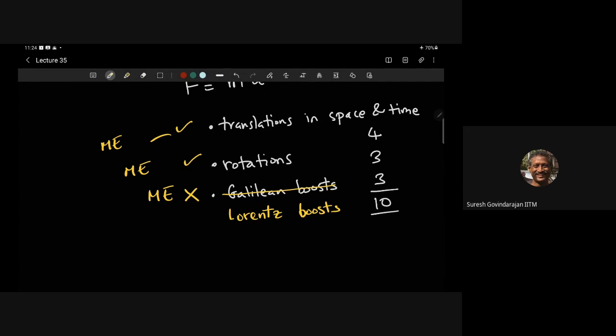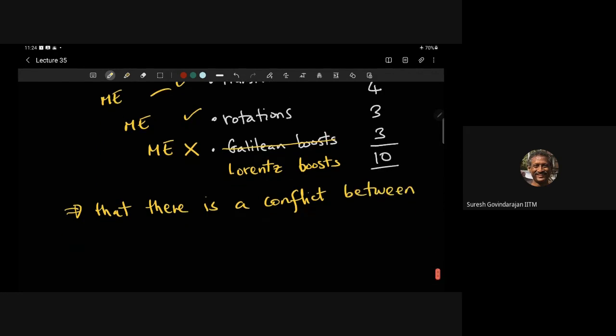So what happens is that there is a conflict. This implies that there is a conflict between Newton's equations in mechanics and Maxwell's equations, and everything.